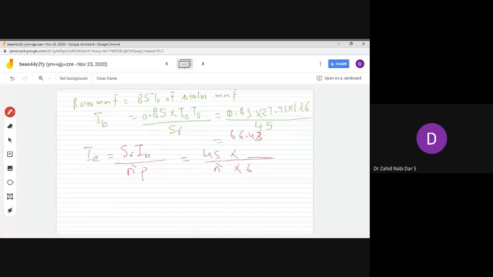Multiply this with 6. How much are you getting? Yeah, multiply this with 6 and tell me. Wait one second, I'll just do it, and this value also you tell me.